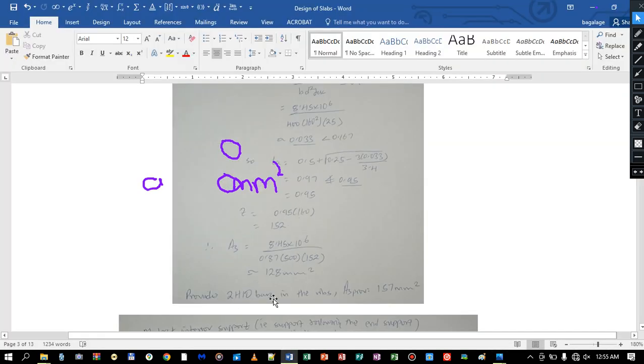Two H10 bars in the ribs. So we are going to provide two H10 bars in the ribs.